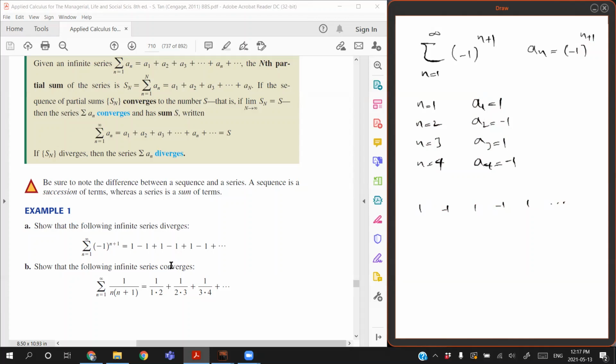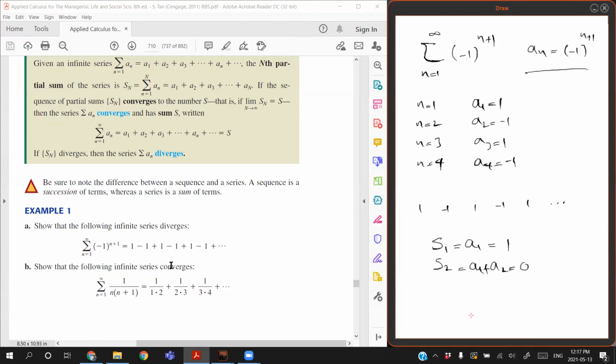So based on this sequence, with this general term here, if I want to create my sequence of partial sums, it's going to be like this. S1 is simply A1, so it's going to be 1. S2 is A1 plus A2. That's going to be the sum of the first two terms.